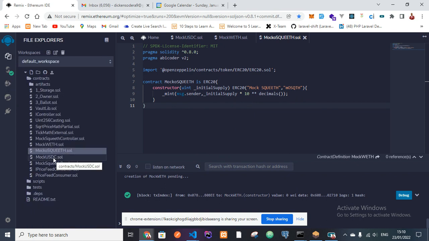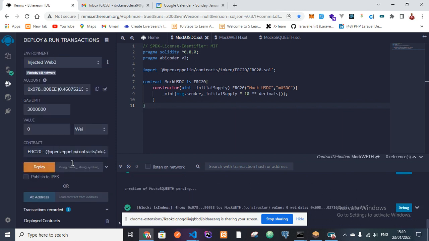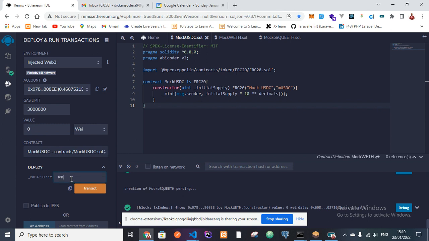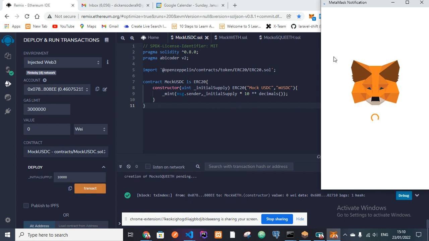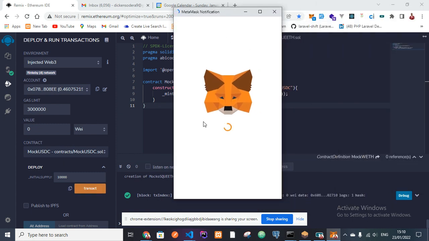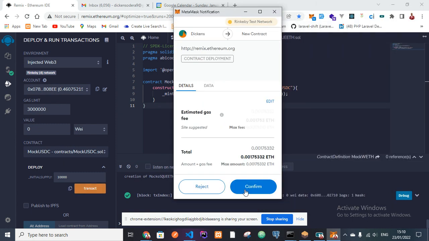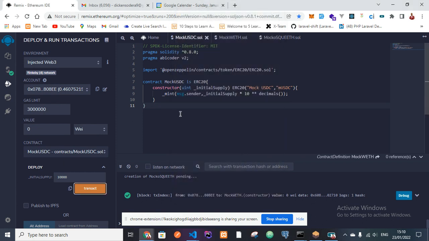So mock USDC also the same. Specifying the initial supply. So the initial supply is going to be raised to 10 to the power of 18, since the ERC20 token borrows from OpenZeppelin's ERC20, where the number of decimals is 18.